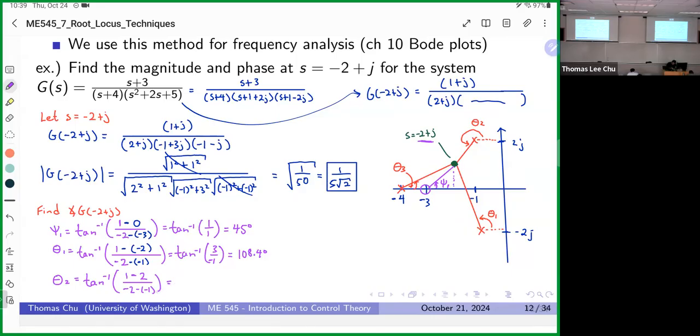I feel like I messed up something. No, I think we're good. So we get arctan of -1 over -1.